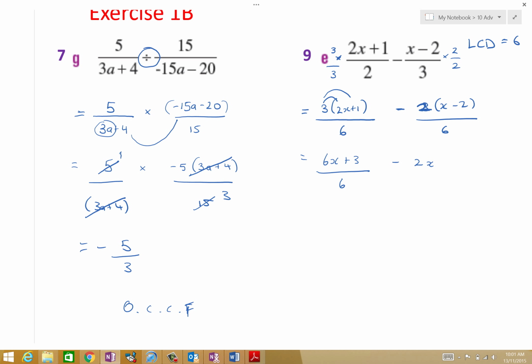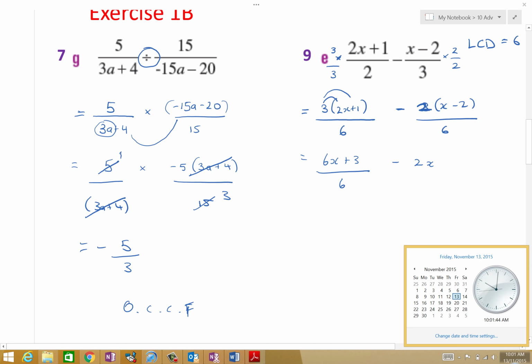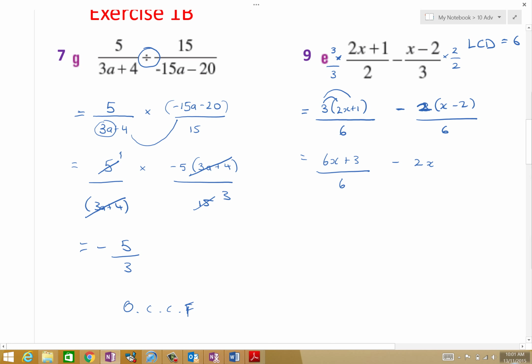Negative, so we'll say positive 2 times negative 2 is negative 4. Negative 4, but with a negative out the front is positive. If I had a negative out the front, I'm going to put brackets.